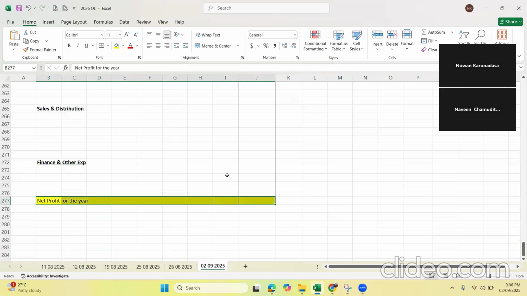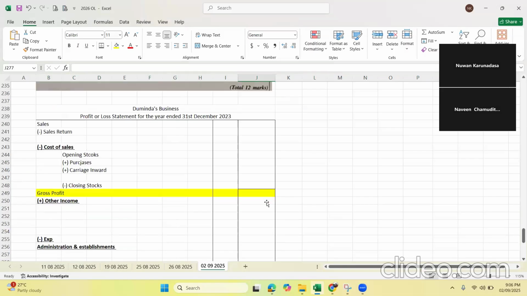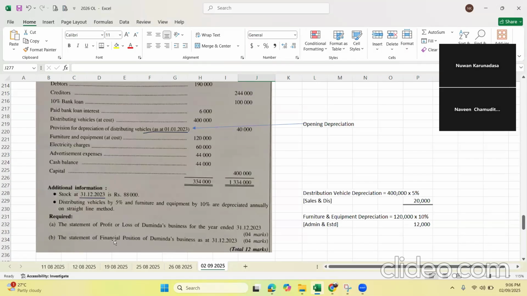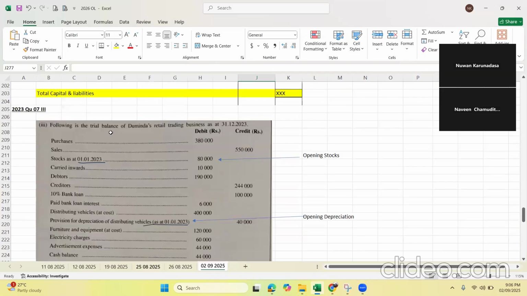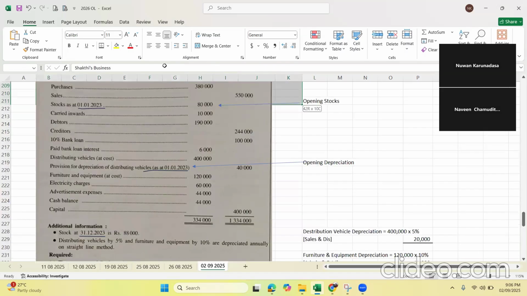Then they're asking here not only the income statement but also the statement of financial position. B, statement of financial position of Duminder's business as at 31st December 2023. So you must draw that as well. I'll copy the same here, then it's easy, no?